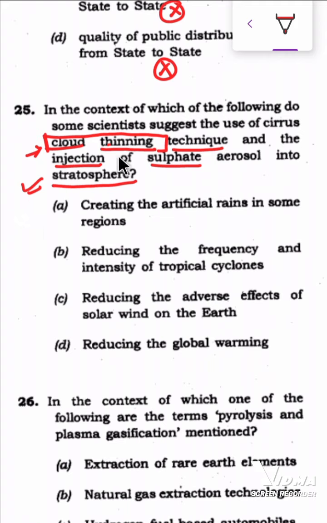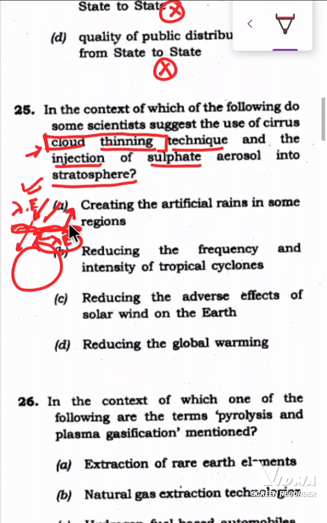How? Because when you thin the clouds, or reduce the thickness of the clouds, what happens? Incoming radiation coming to the earth is of low wavelength but high energy. So it penetrates these clouds and comes to earth, but when earth reflects it, the wavelength gets higher and energy gets lower, and the clouds then prevent it from escaping.